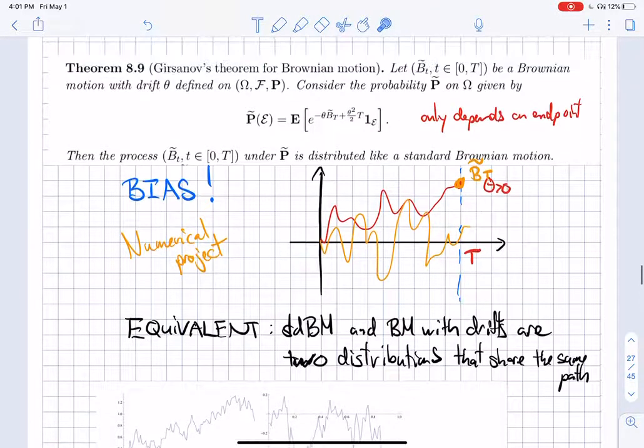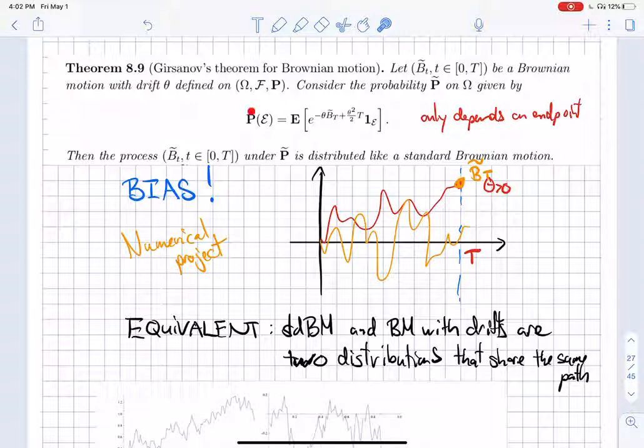Now, a surprising consequence of this is that P tilde is equivalent to P, because they just differ by a factor which is strictly positive. So if the event E has strictly positive probability in P, then it has also strictly positive probability in P tilde.